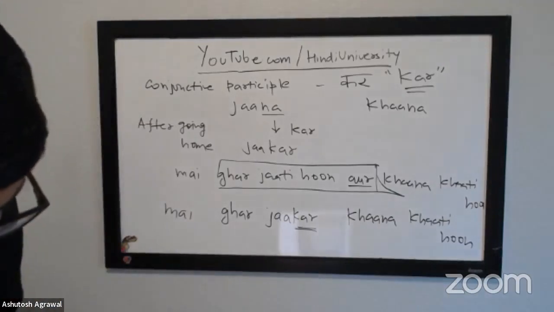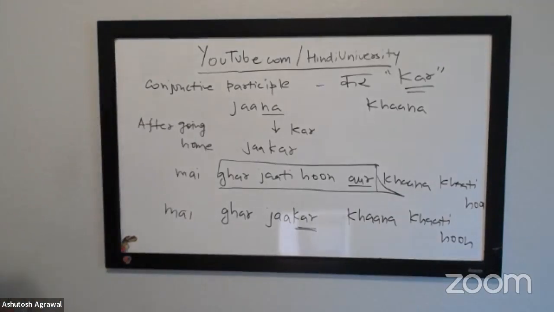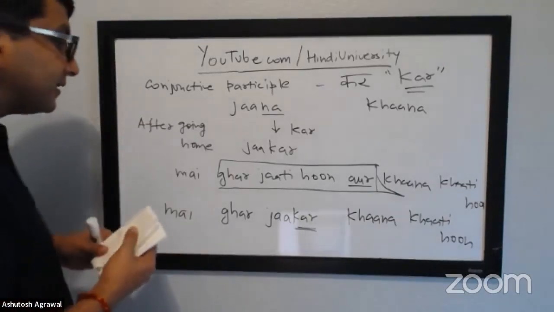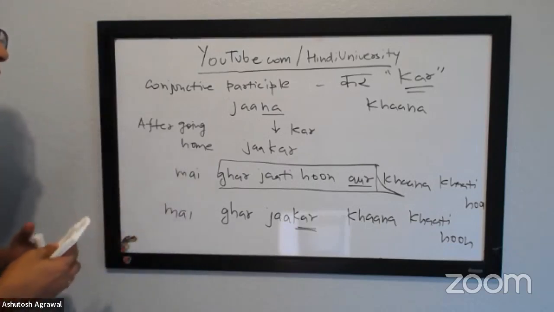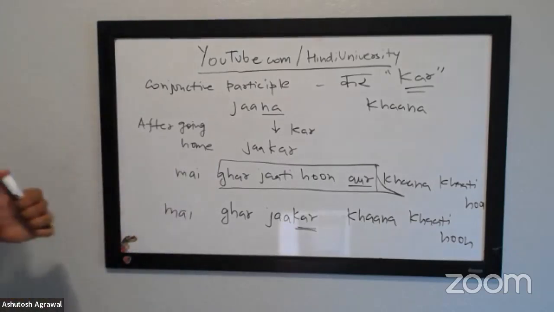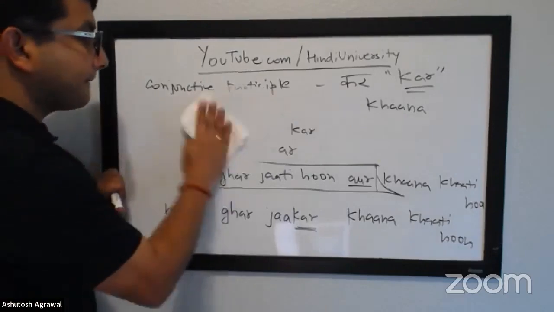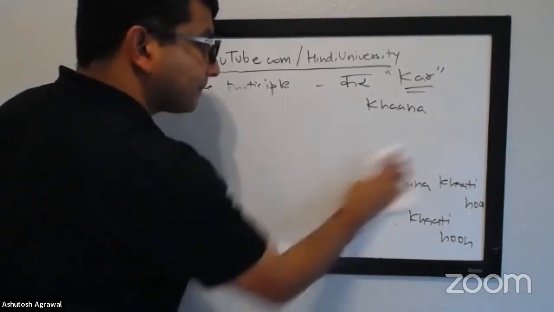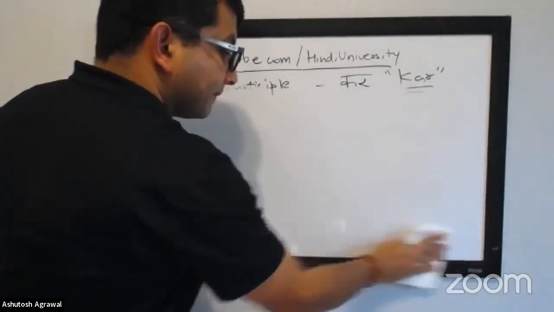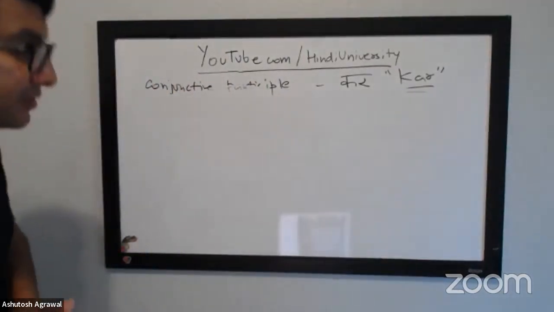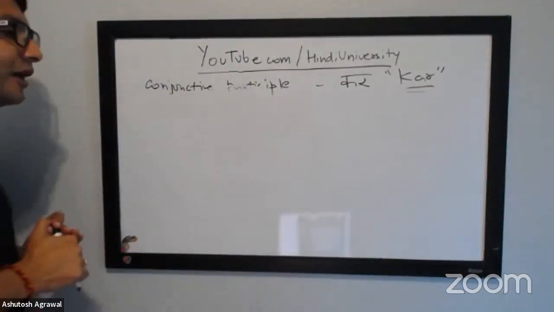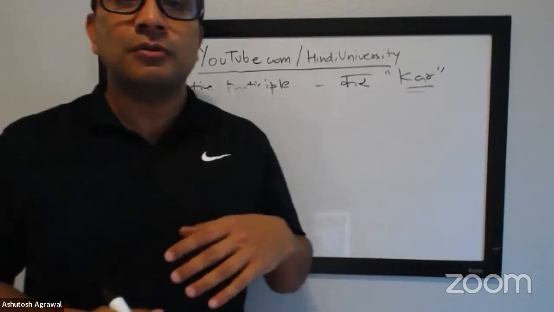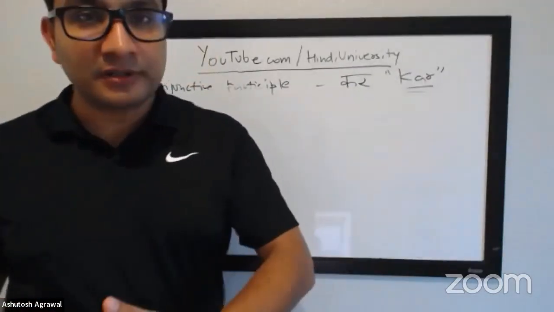So let me erase it. And then let me give more examples, and then I'm going to ask some of you to share your thoughts. So just like that, let's say you want to say something like, after going to office, I do certain things.